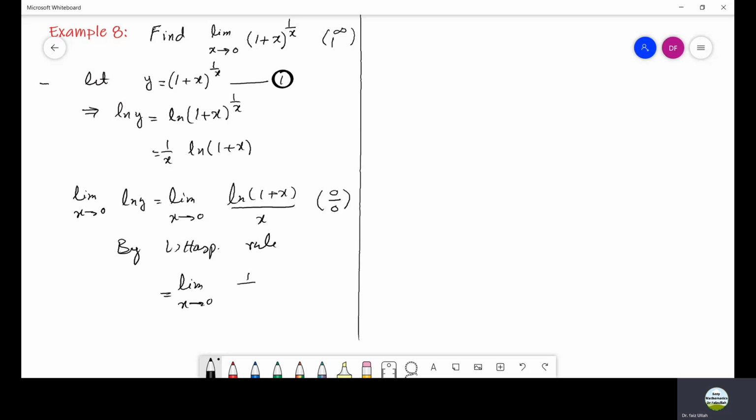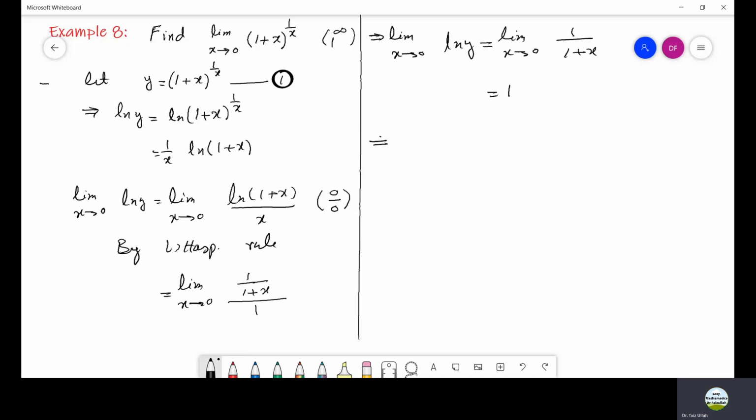Differentiation of log of 1 plus x. This is 1 over 1 plus x. Divided by differentiation of x, that is 1. So from here we get limit x approaches to 0, ln y is equal to limit x approaches to 0, 1 over 1 plus x. And from this we get 1 if we plug in x is equal to 0.